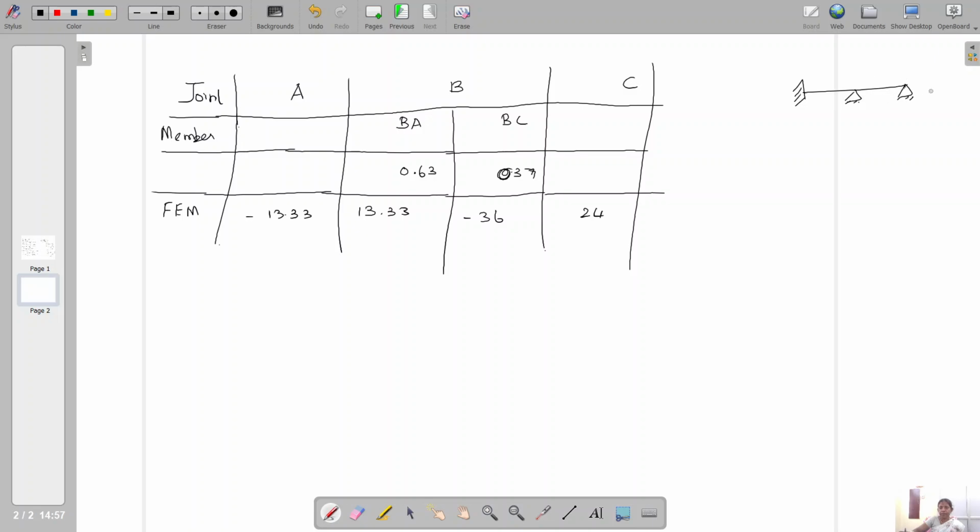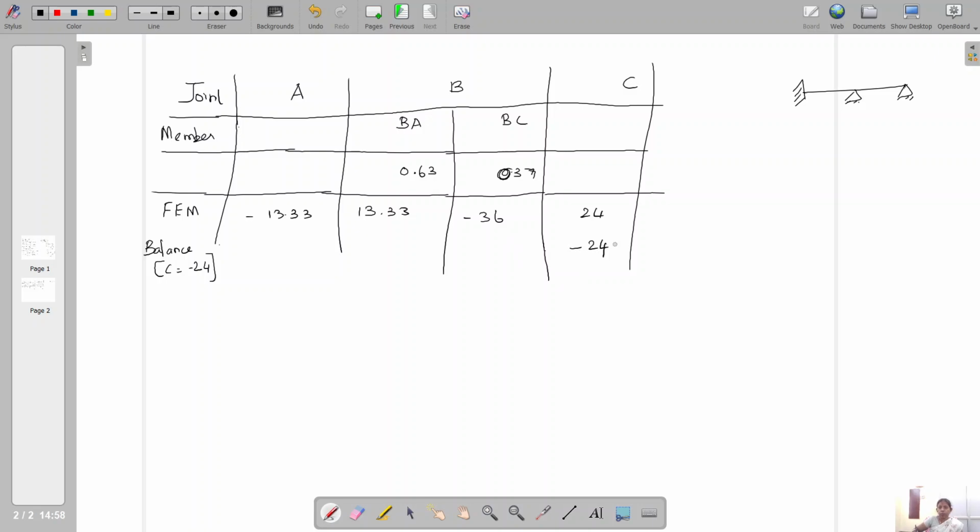So it should not have any moment value, but we have 24 at C. So we have to balance this 24. So balance the joint C by considering minus 24. I am going to balance here minus 24 to make the zero moment here.